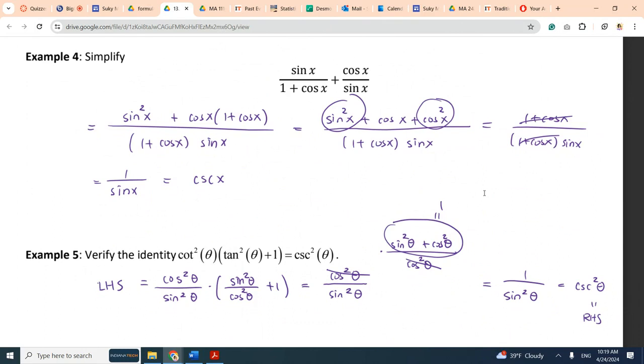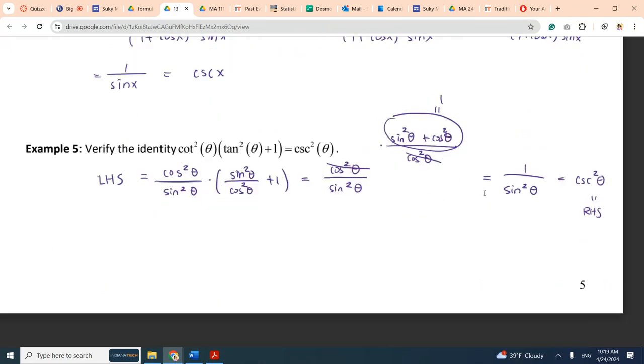Therefore, 1 plus cosine x, they're the same, so we can cancel them. We get 1 over sine x, which is cosecant x. Okay, everybody?